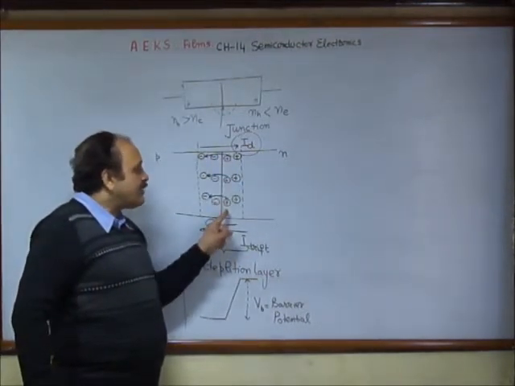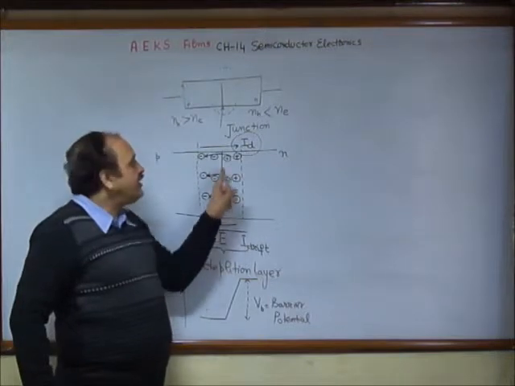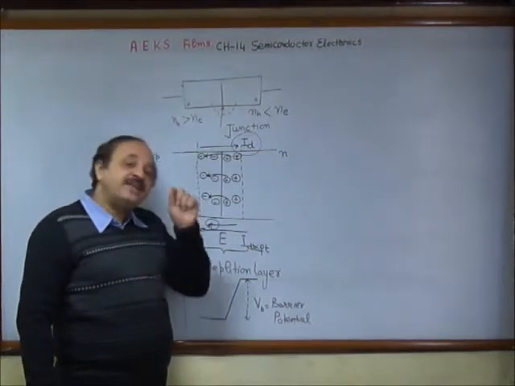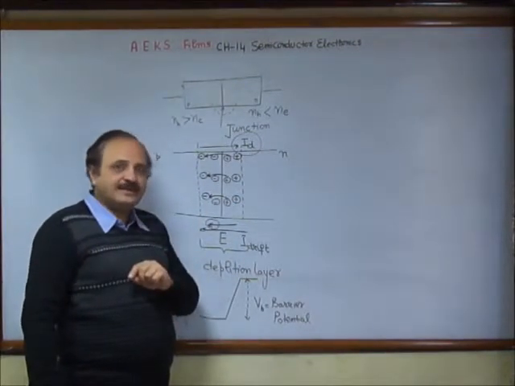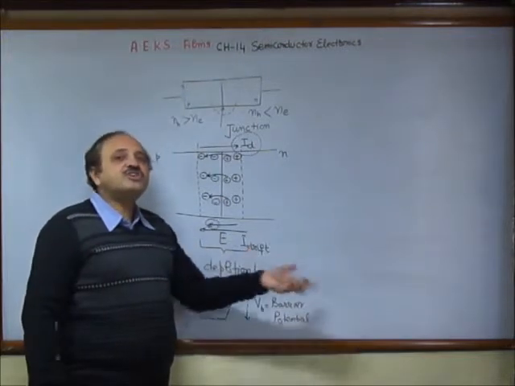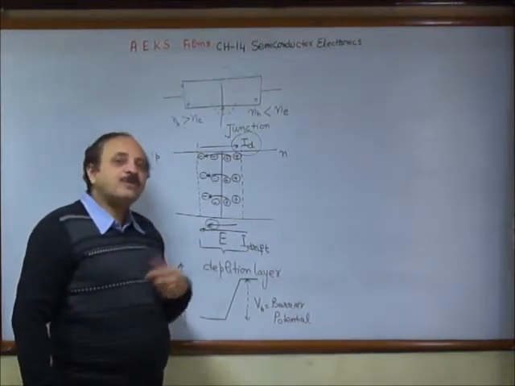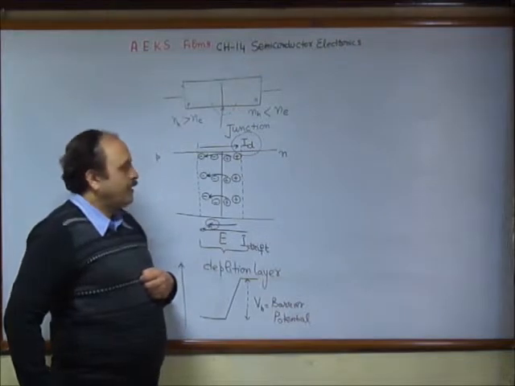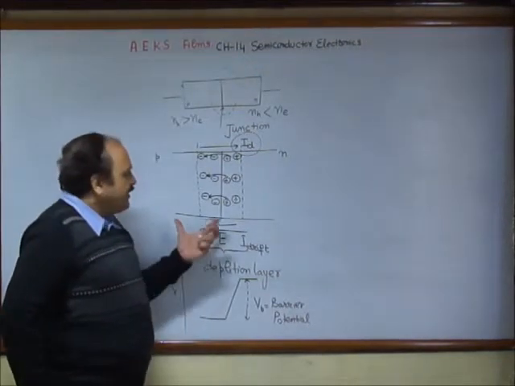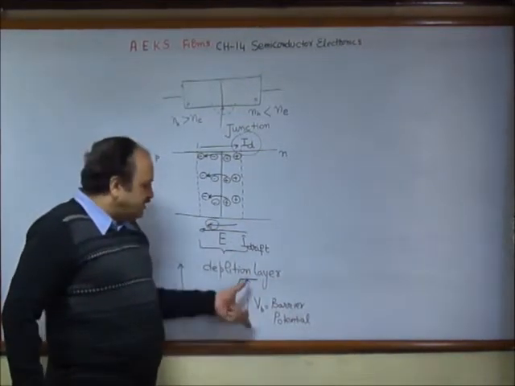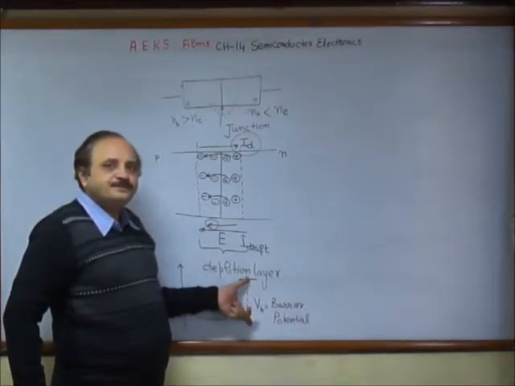As these charges are bound charges, they won't leave to produce any current externally so that you can measure it with the help of any voltmeter or multimeter. There are indirect methods of measurement of this barrier potential.